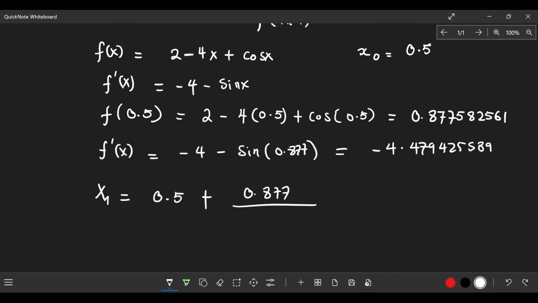For f prime of x, I'm getting something different. You're getting something different. I'm just getting what you guys are feeding me with. What are you getting? I'm getting negative 4.76. Steve, are we supposed to use 0.5 or 0.877 there? Oh, sorry, yes, I need to use 0.5.